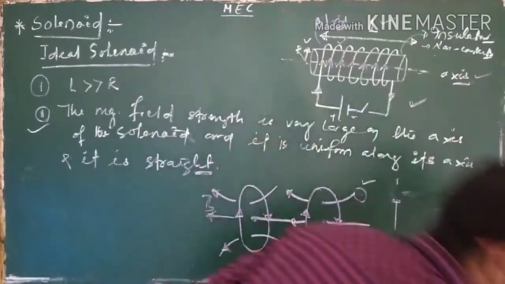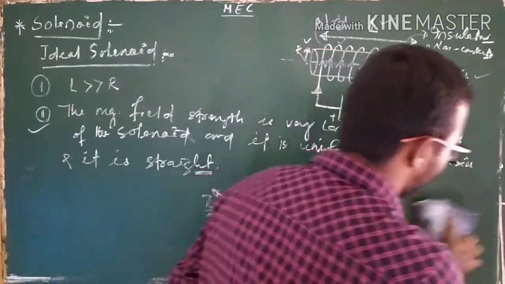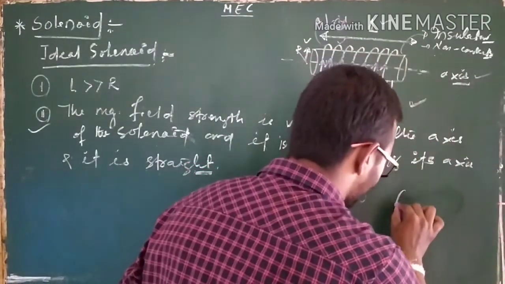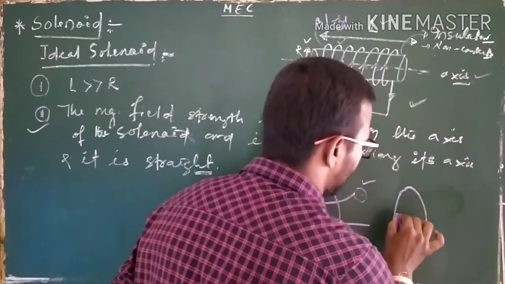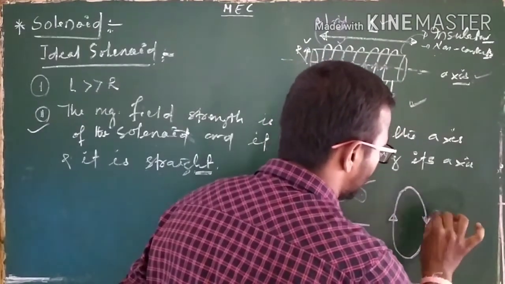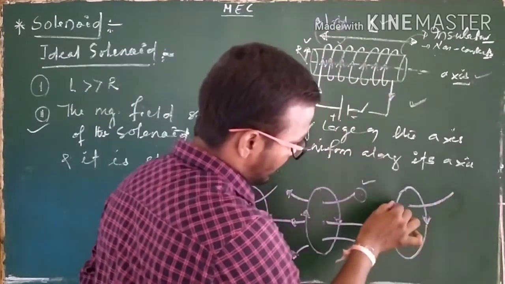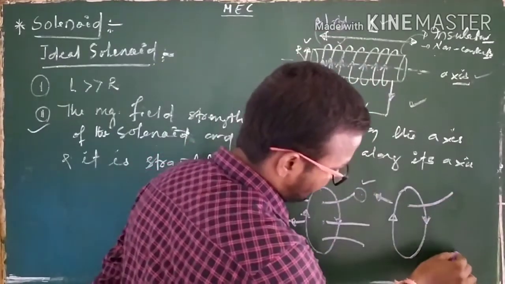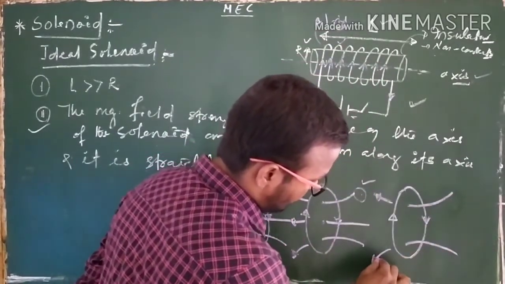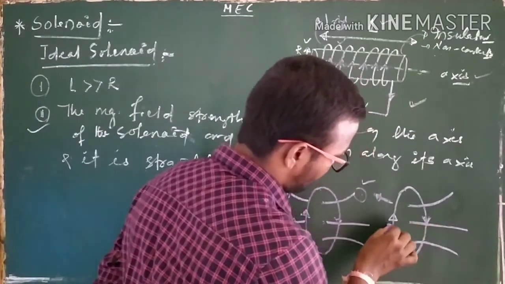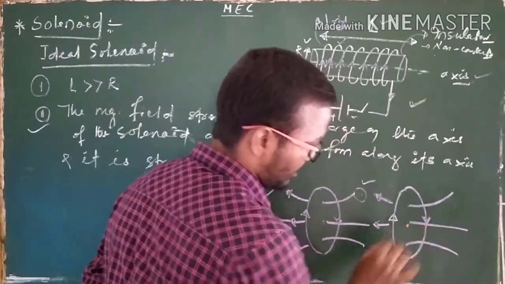Suppose we take another ring. This is another ring, and this is the direction of flow of current. So these are the magnetic lines. This is the graphical representation of magnetic lines and center point. Clear?